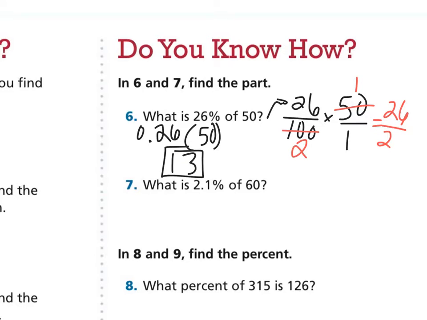Look at number 7. They're asking us to find 2.1% of 60. Moving your decimal 2 places to the left would be an option here. Would be 21 thousandths, or 0 and 21 thousandths times 60. And if you multiply that out, you'll get 1 and 26 hundredths.